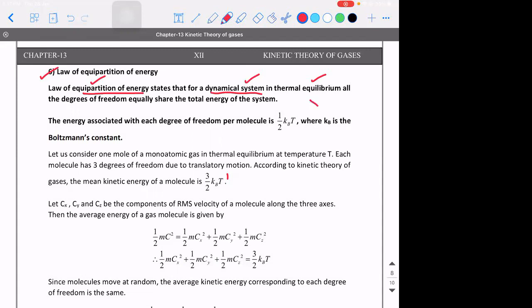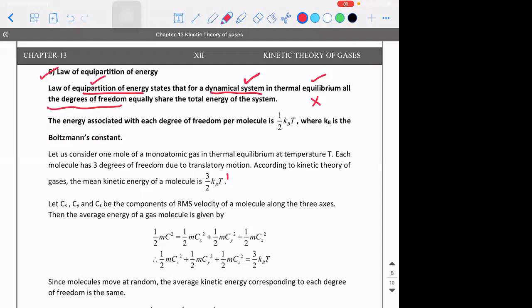Suppose the total energy of a monatomic molecule is X. The law says that all the degrees of freedom have an equal share of the total energy of the system.